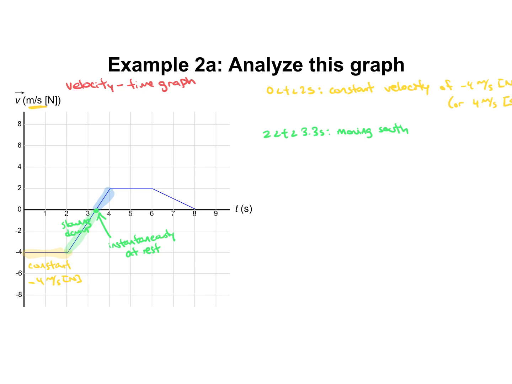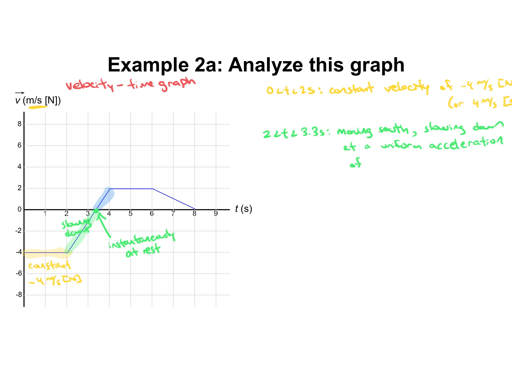It starts at -4, -3, -2, like all the velocities are negative. So it is still moving south, but it's slowing down. And I'm going to add, it's at a uniform acceleration because the line is straight. So the rate of change is constant.